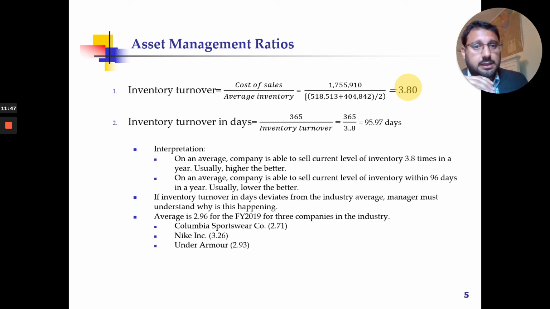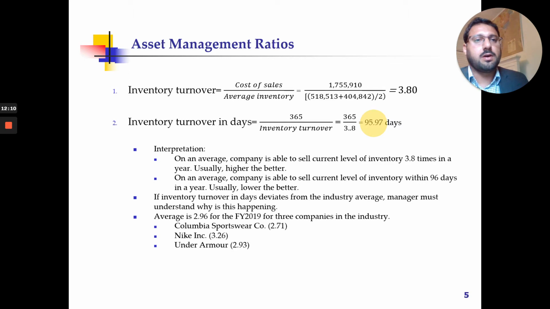If we divide 365 by the inventory turnover, this will tell us on average in how many days the current level of inventories is sold to the customer. It is approximately 96 days.